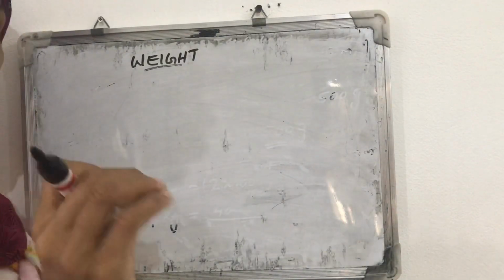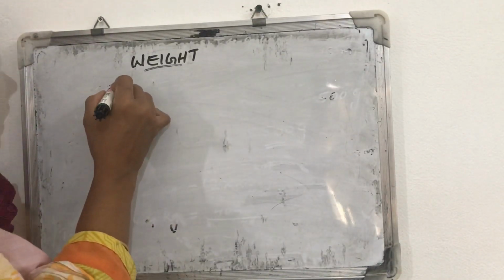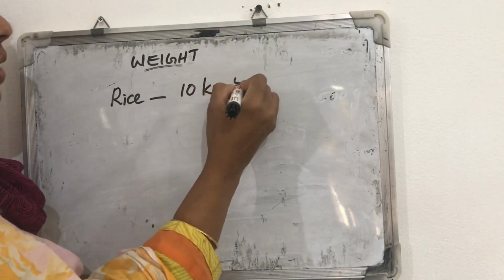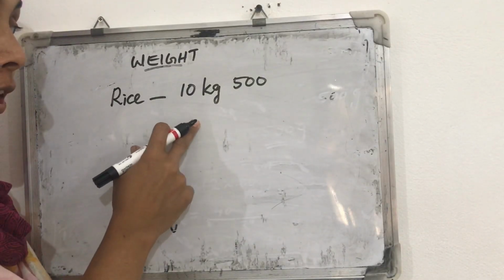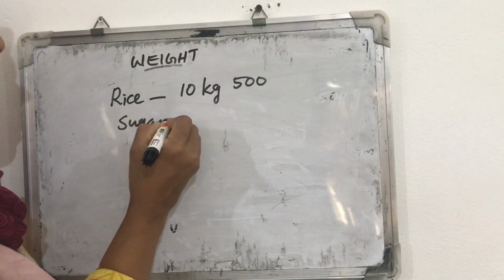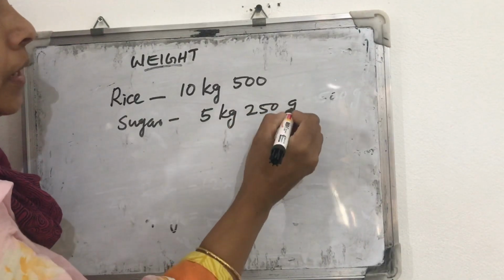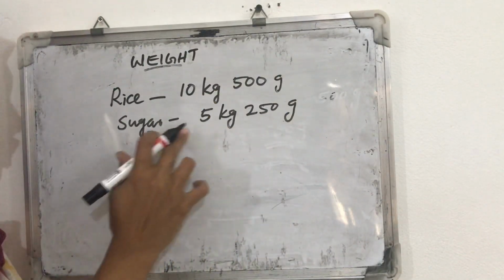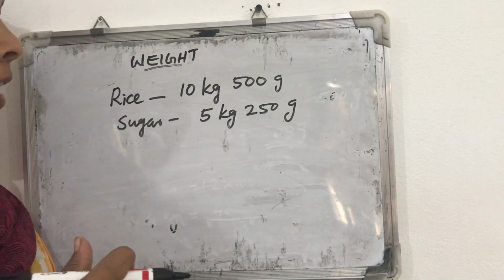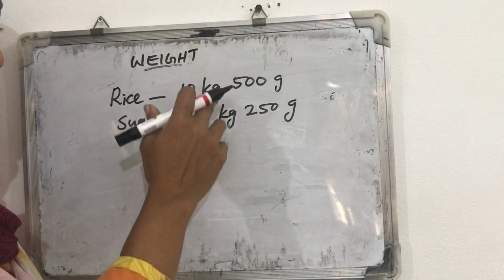If the weight of rice is 10 kilogram 500 gram, you bought 10 kilogram and 500 gram of rice, and you bought sugar, 5 kilogram 250 gram. Then what is the total weight you have now? For that we want to add both.